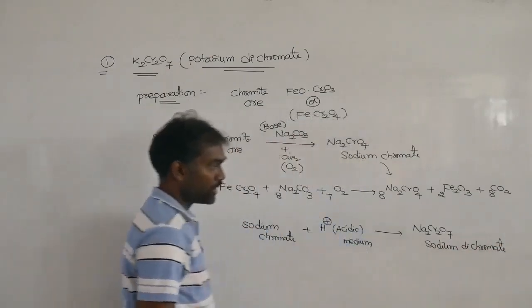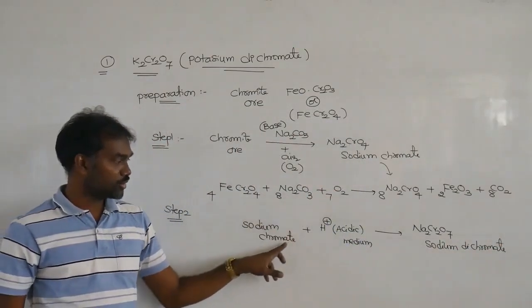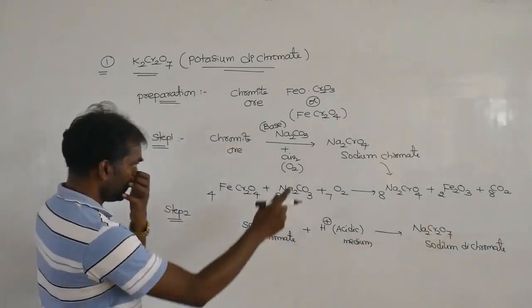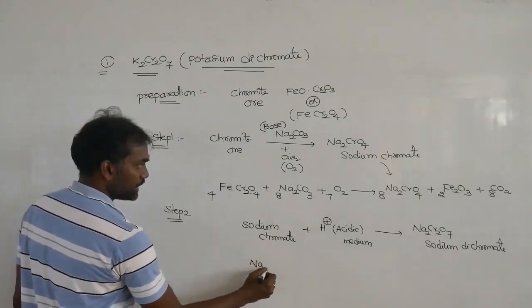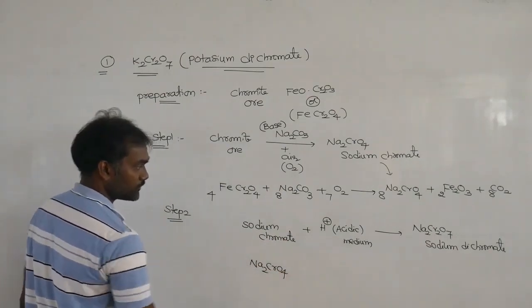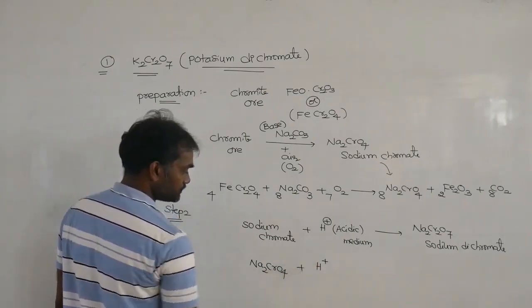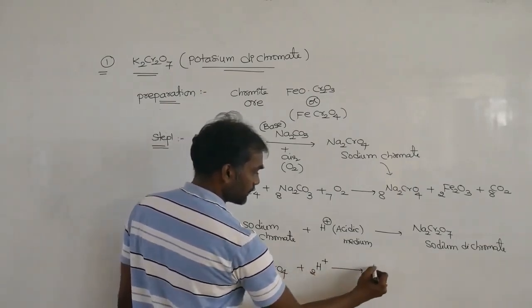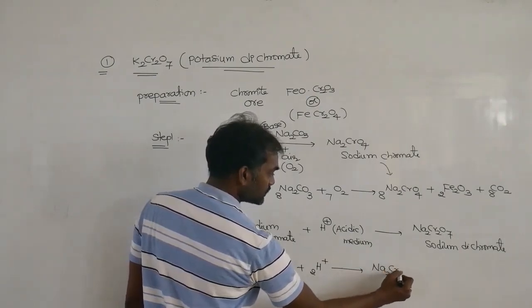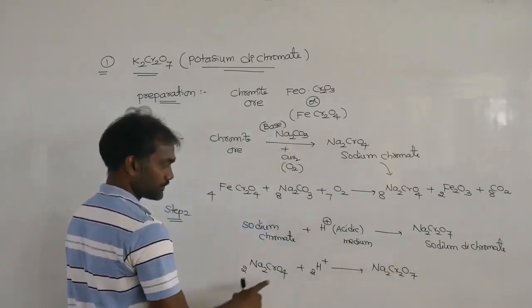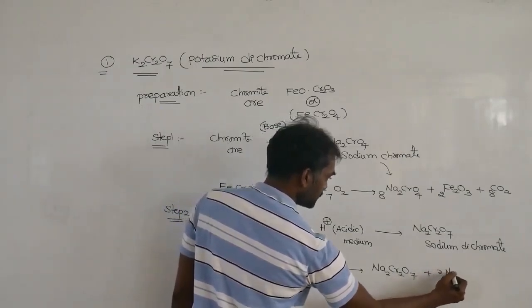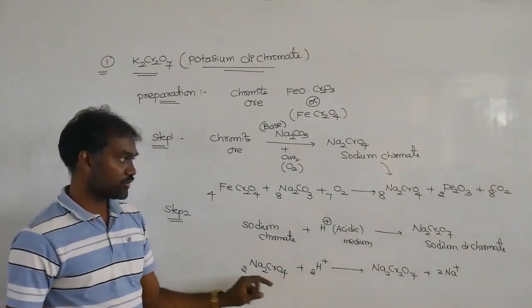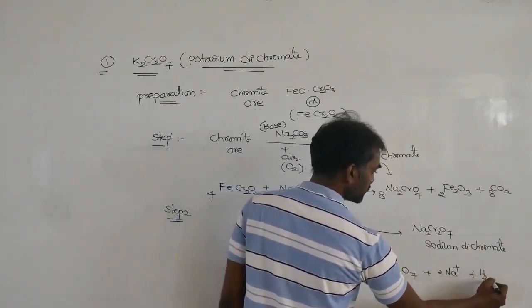Step 2: the above sodium chromate treated with acidic medium produces sodium dichromate. For the balanced equation, you can take 2Na2CrO4 treated with acidic medium, so 2 moles, this is also 2 moles. So you are getting Na2Cr2O7 plus 2Na+ going outside. Next, H2 is there, 1 oxygen, so you are getting H2O.